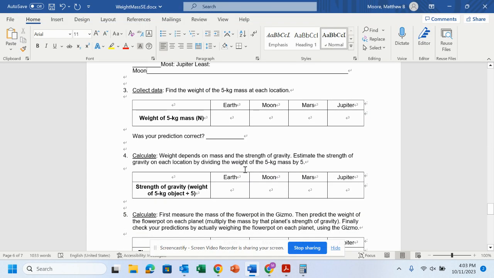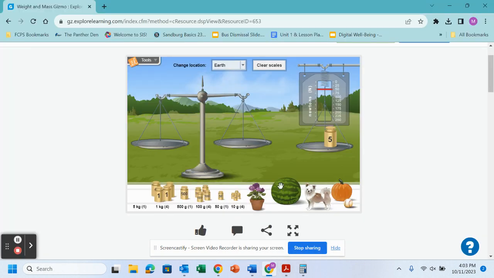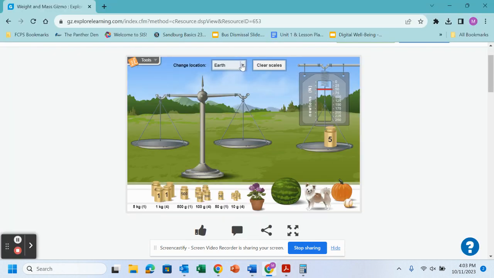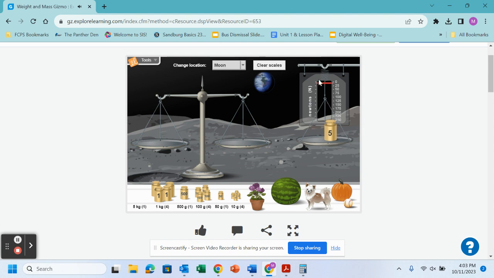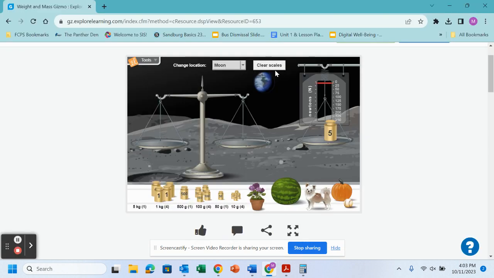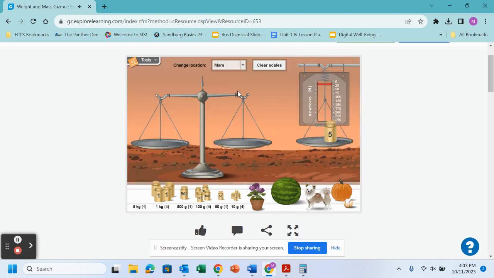Find the weight of the 5 kilogram mass at each location. Okay. So on Earth, it's 49 newtons. So we're going to put 49 newtons. On the moon, it's 8.1 newtons. On Mars, it's 18.6 newtons.